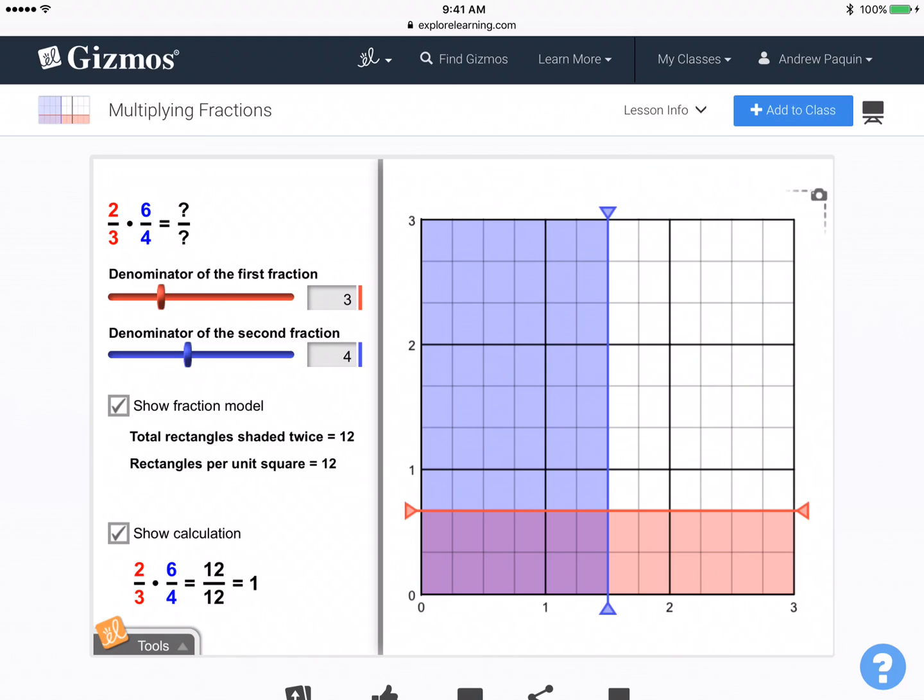So with a representation like this, you're able to show students that as you multiply by numbers greater than 1, you are actually scaling up from that first factor. But that when you are multiplying by values less than 1, you are scaling down. And that can help them overcome the misconception that multiplication always makes things bigger.